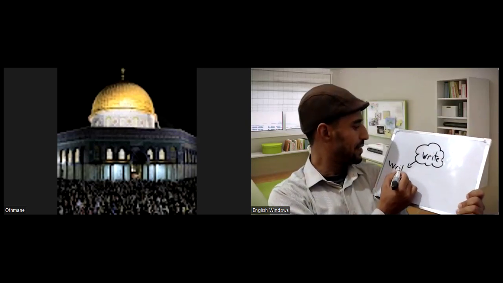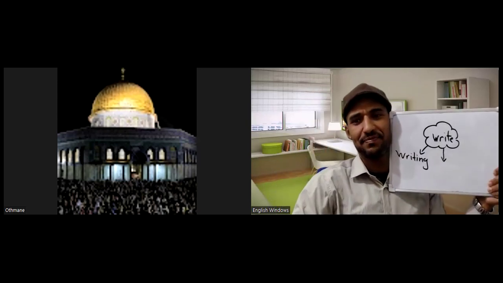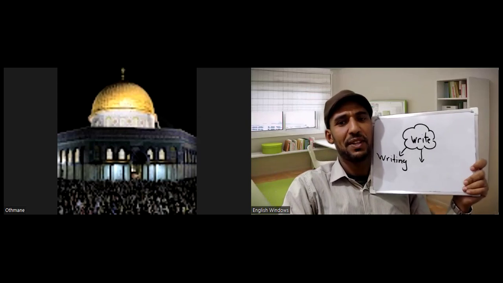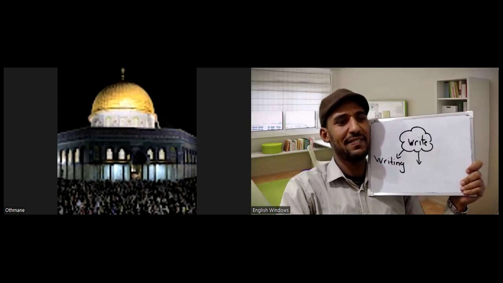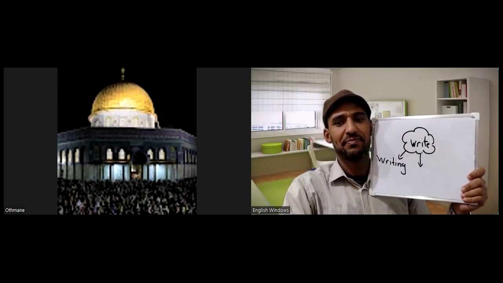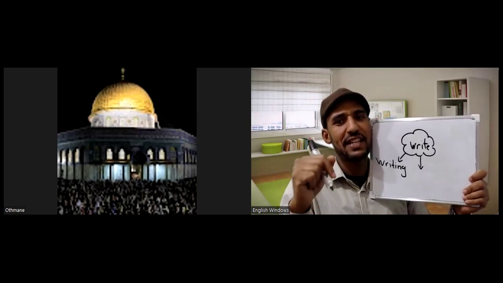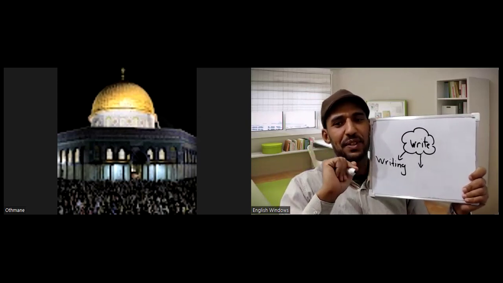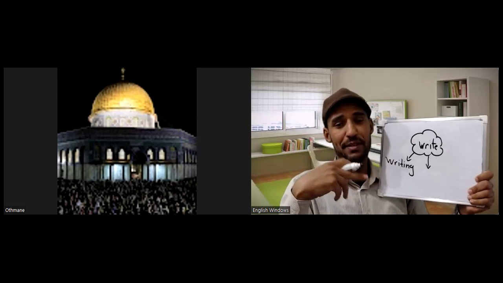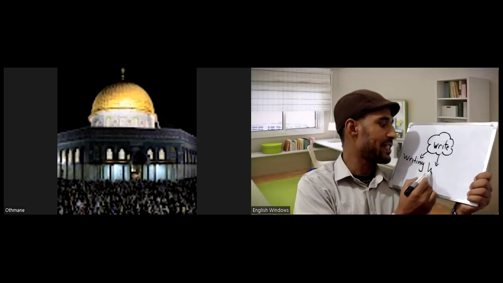Good job. Nice. Writing, and what do you call the person who does the action? The person, I'm talking about the person who does the action. Ah, writer. Writer, very good.